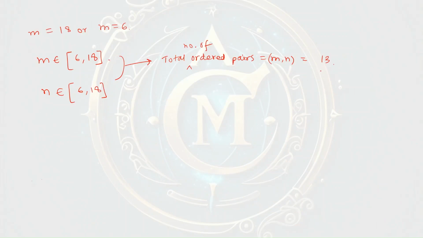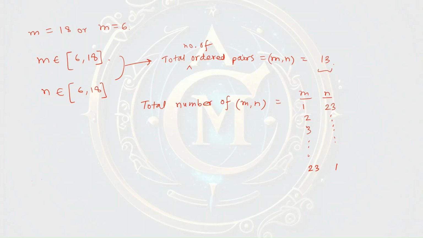Now here total favorable cases are 13, and the total number of ordered pairs m comma n, you can count them as m n. So m starts from 1 and goes to 23, and then n starts from 23 and goes to 1.